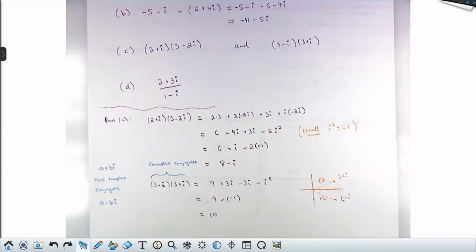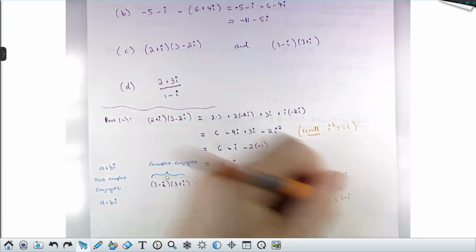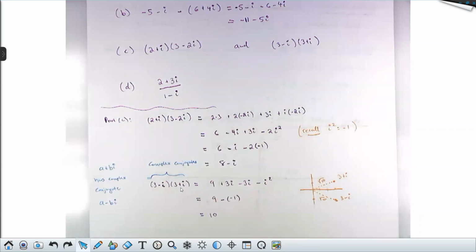So if you multiply a complex number by its conjugate, you get the square of the modulus, or the size, if you like, of the complex number. Now, that's not something you need to know for this class. Again, it's just a cute fact. But the nice thing for us is that when you multiply a complex number by its complex conjugate, the result is always a real number, right? This is 10 plus 0i. So this is a real number.